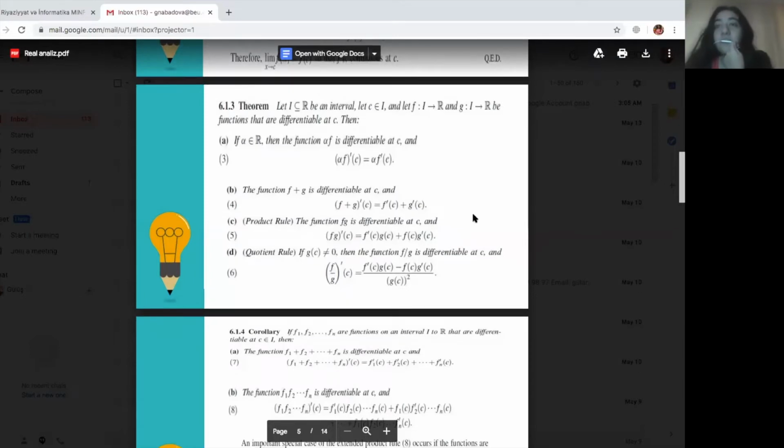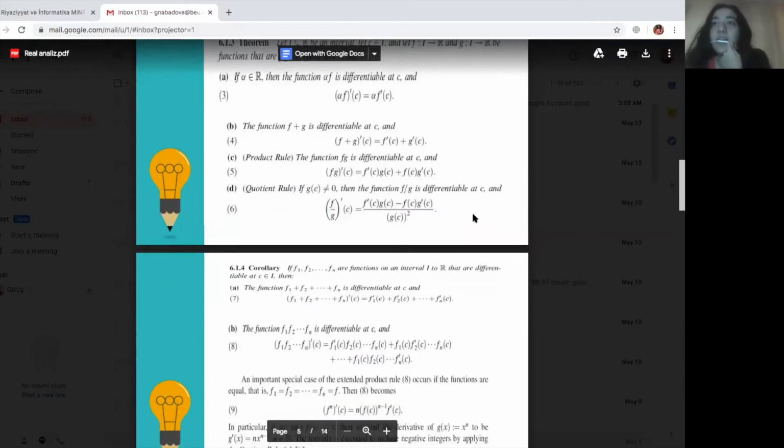Then there are some properties. If alpha is in R, then the function alpha f is differentiable at c, and (alpha f)'(c) equals alpha f'(c). B, the function f plus g is differentiable at c, and (f + g)'(c) equals f'(c) plus g'(c).